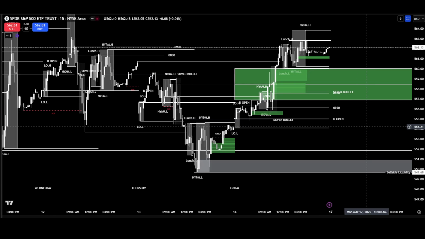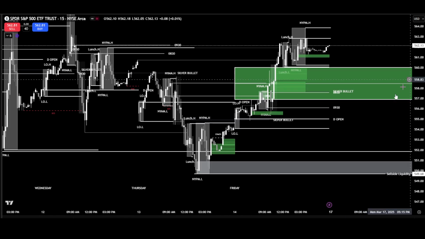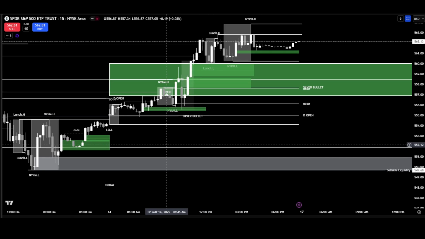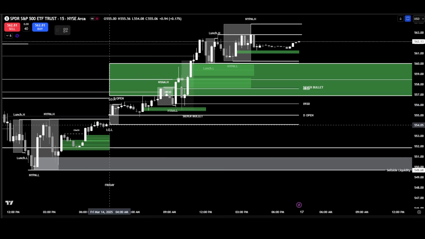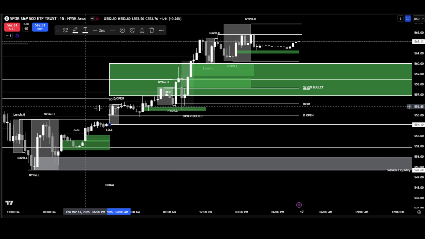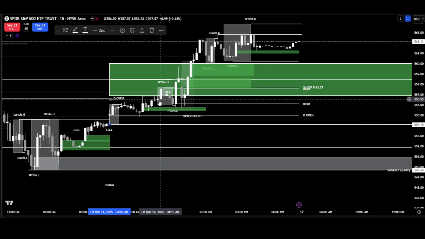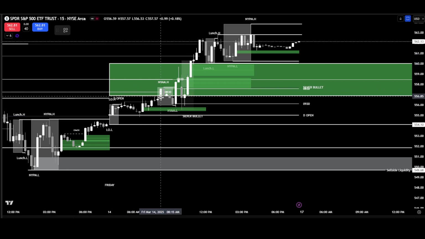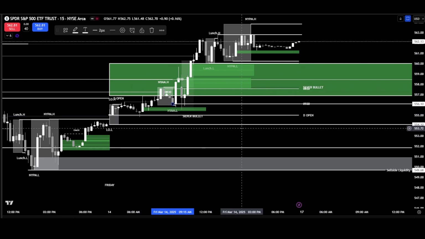Okay, and then I'm going to look and see what levels haven't been swept already outside of the macro time frame. So what I do see is a low right here that has not been taken yet, 554, right? Same with Qs, we saw that New York AM high or low taken after that macro with a sweep. So what I'm going to do instead is put this level, which was the 930 open from Friday.